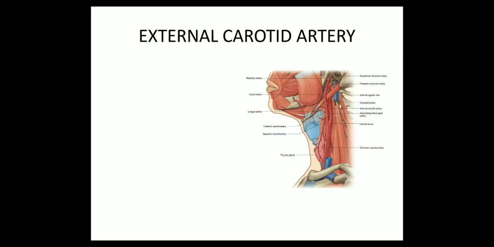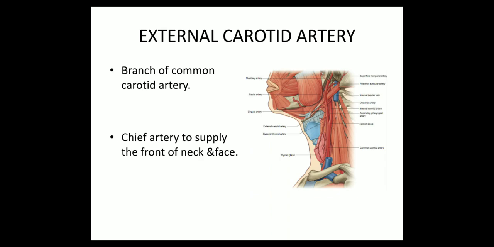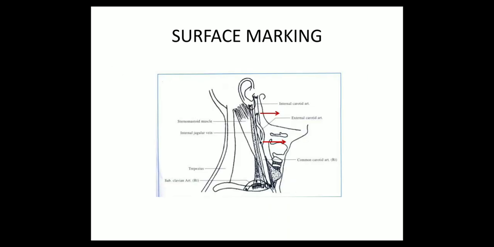External carotid artery. It is the terminal branch of the common carotid artery and it is the chief artery to supply the front of the neck and the face. Surface marking.